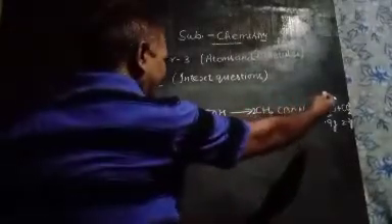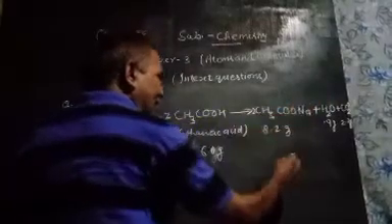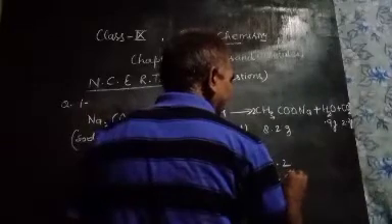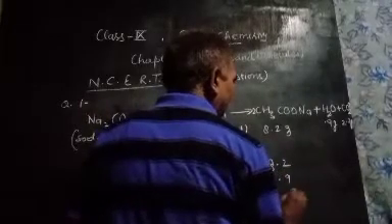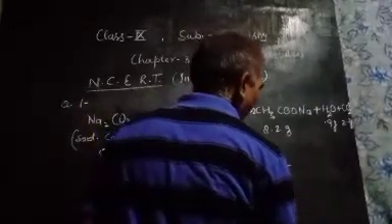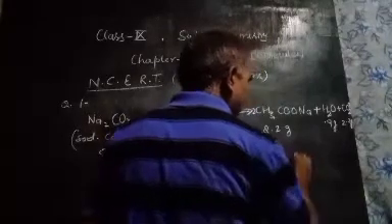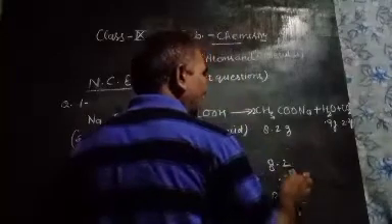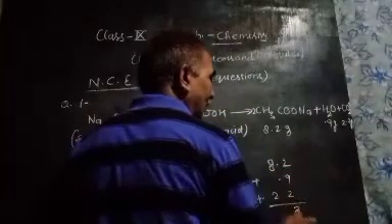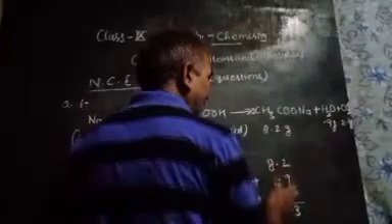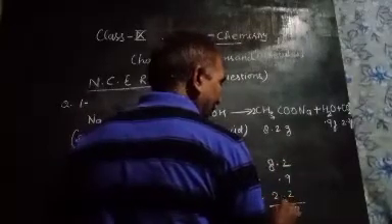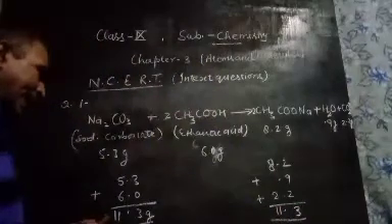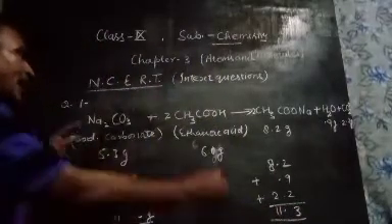And what mass is obtained after completion of the reaction? 8.2 plus 0.9 plus 2.2. Add it: 2 and 9 is 11, and 2 is 13; 8 to 10 and 1 is 11. You have used 11.3 gram of reactants.